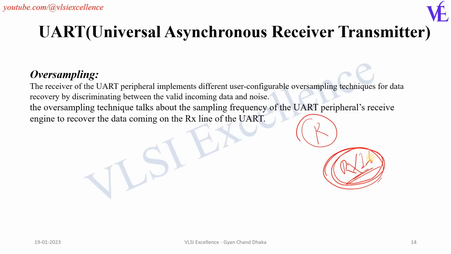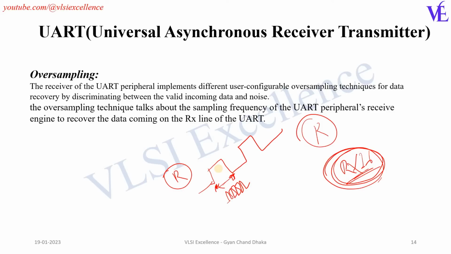The physical meaning of this is, suppose the transmitter is sending the data at a baud rate R, and our receiver is sampling this bit. This is one bit here. Now the receiver is going to sample this bit 16 times, so it is oversampling.